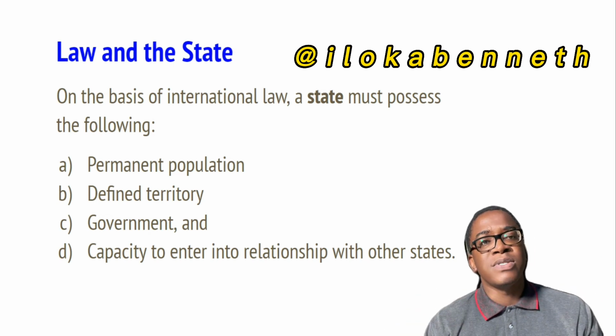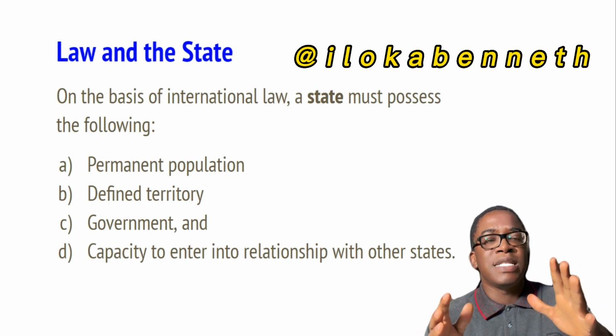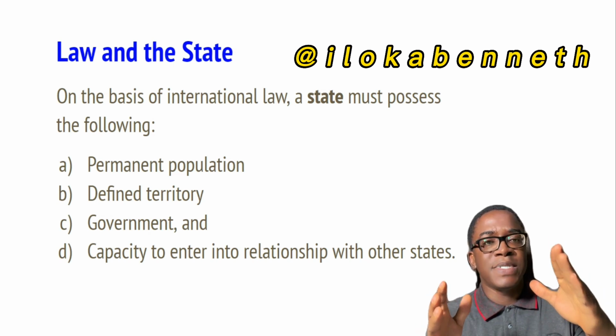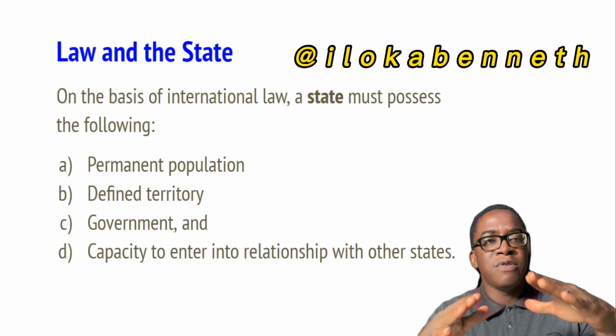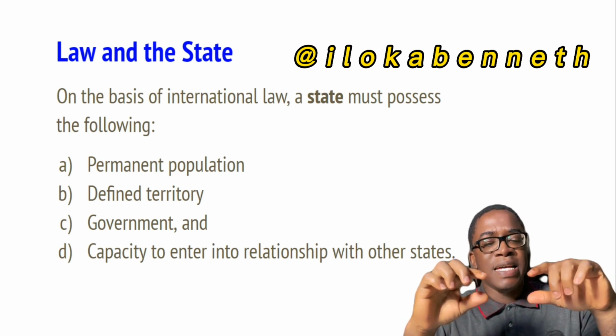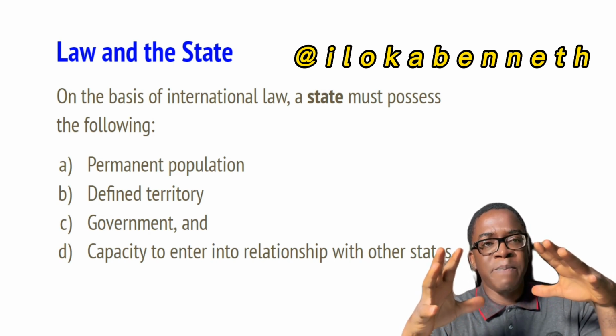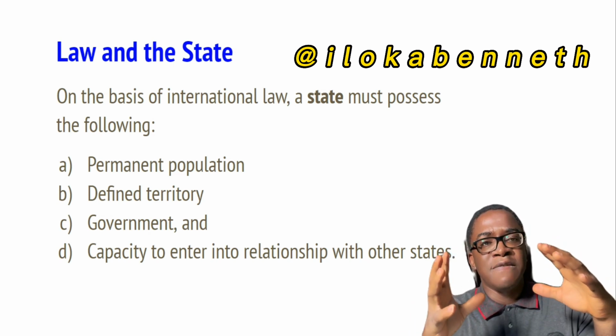Okay, so secondly, it must have a defined territory. You cannot say that a state exists in the absence of a defined geographical area. For a state to exist, there must be a broadly defined territory or a given geographical space that defines that state.